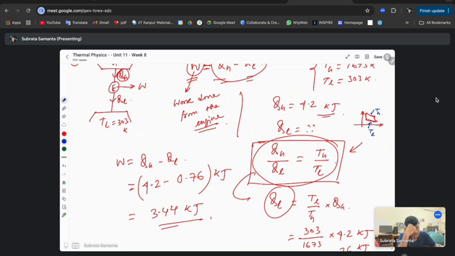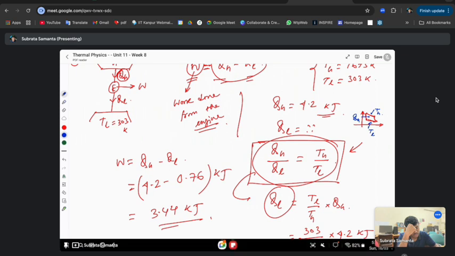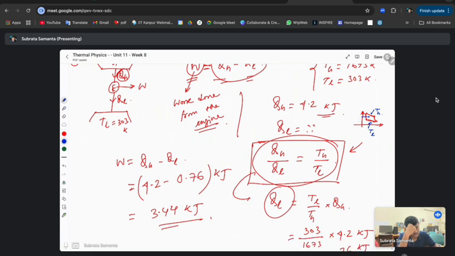The heat QH enters in one process, and in the adiabatic process there is no change in heat. QH enters and QL leaves. This is the PV plane, and it is easy to show that QH over QL is TH over TL.